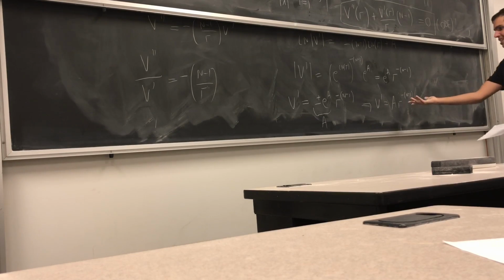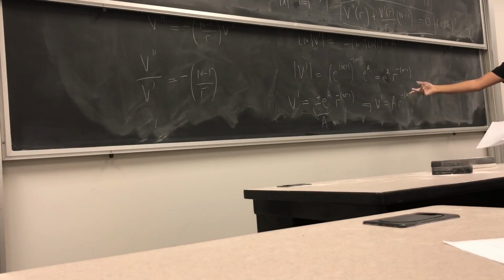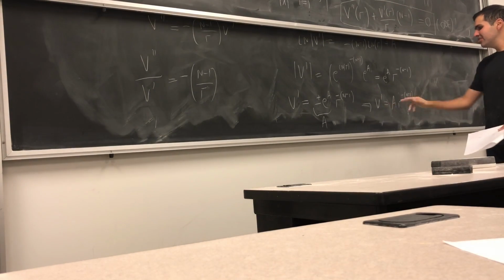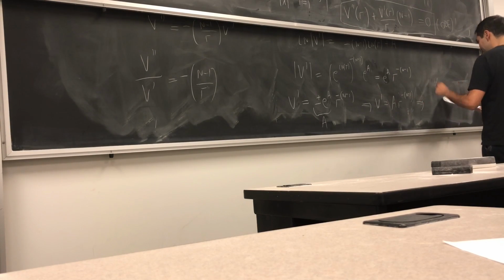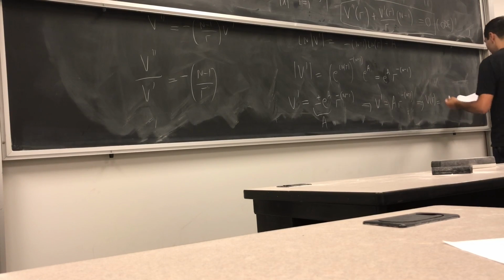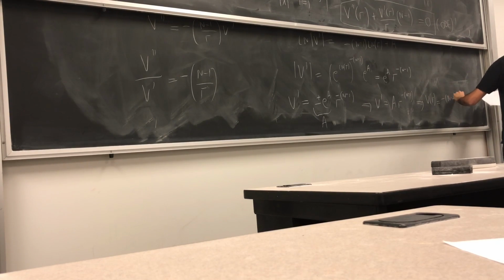And then, look, this just becomes the power rule, so all we need to do is anti-differentiate this function. So in the end, we get that v of r equals, if you want, minus n minus 2a r to the minus n minus 2 plus b.